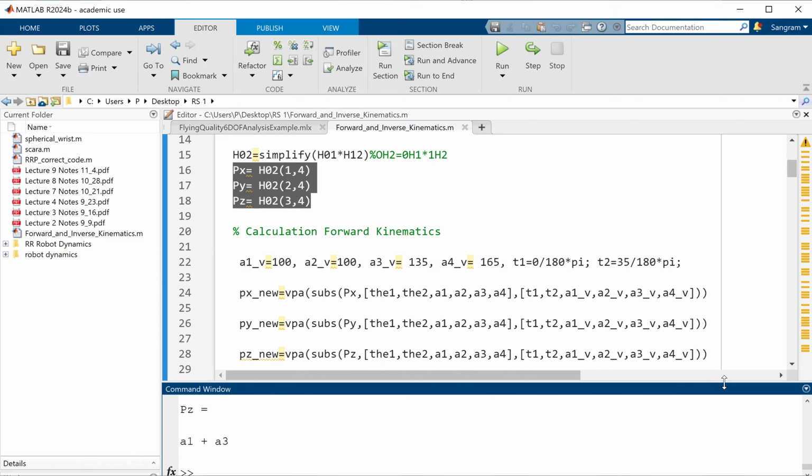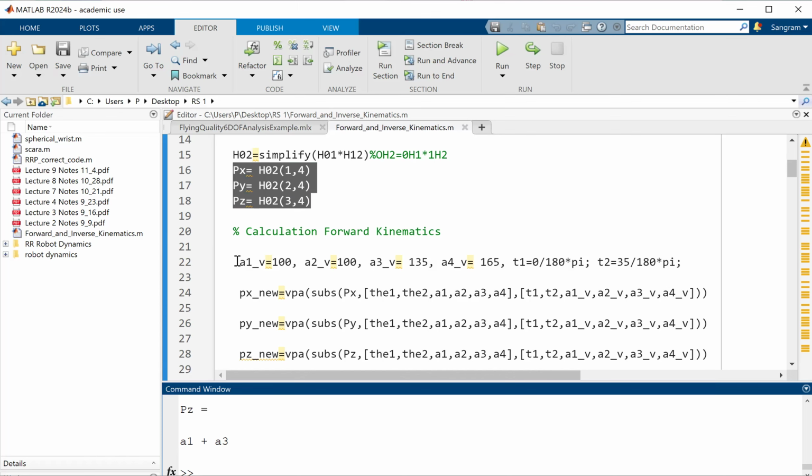VPA stands for variable precision arithmetic, so that we'll get numbers which are meaningful and small, not long fractions. You are welcome to take that VPA out and you'll get an output like long fractions, or maybe ratios.